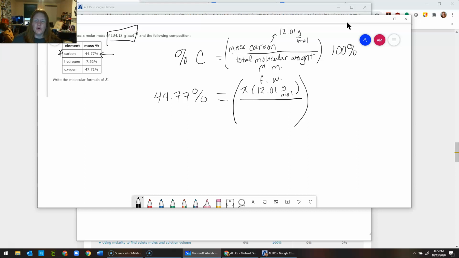All right, and your total molecular weight is given here. Molar mass, molecular weight, they mean the same thing, so we'll put that one in here. And of course, we can't forget that that is also multiplied by 100%. So from here, it's just algebra, right? Let's get rid of the percentage first.